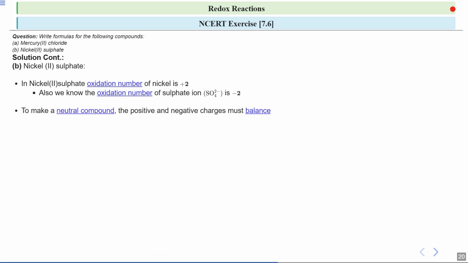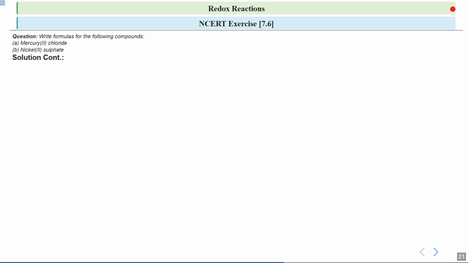Then, to make the compound neutral, we will again balance the positive and negative charges. How will we do it? Let us assume the number of sulfate groups is X. Then for neutrality, we can write +2 into 1 for nickel, plus X into -2 for sulfate, equals 0, so X is equal to +1.